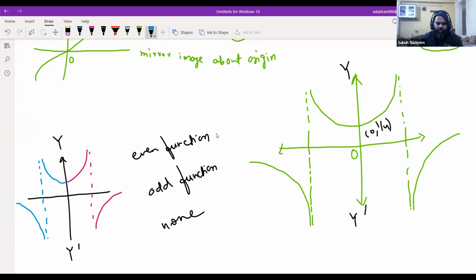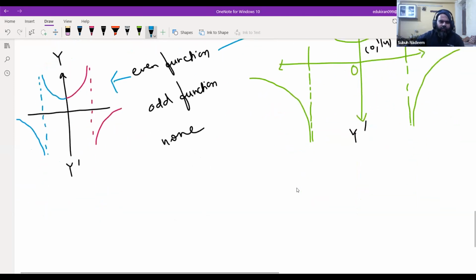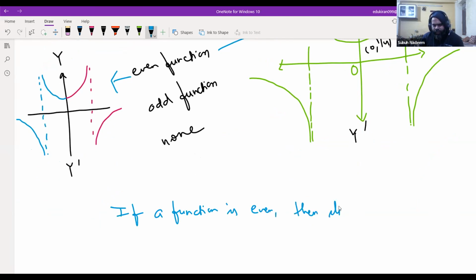So this graph is an even function. What is important here is that if a function is even, then its reciprocal function is also even.